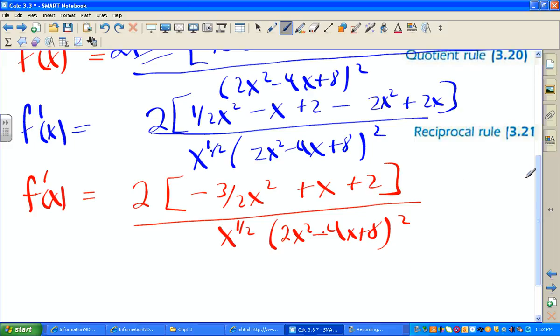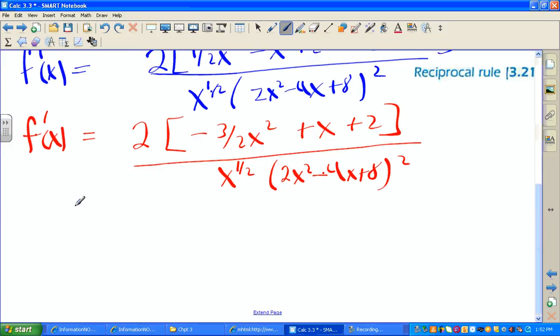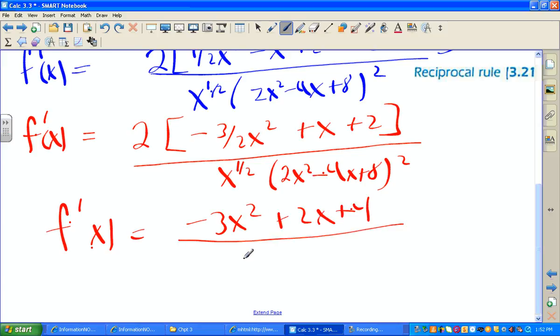Now I'll probably run the 2 through there and be done. Don't you think? f prime of x equals negative 3x squared plus 2x plus 4 all over x to the 1/2, 2x squared minus 4x plus 8 squared.